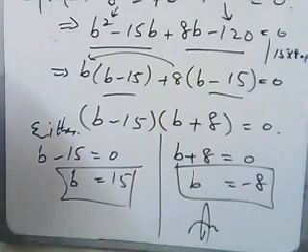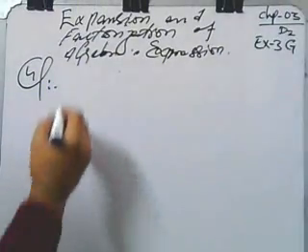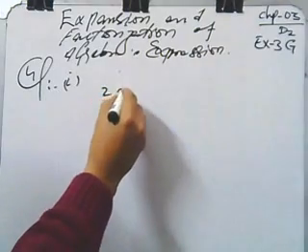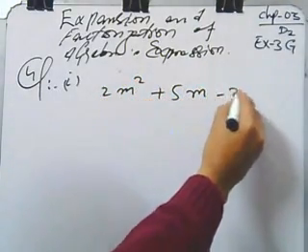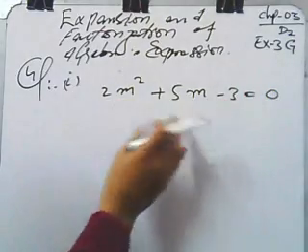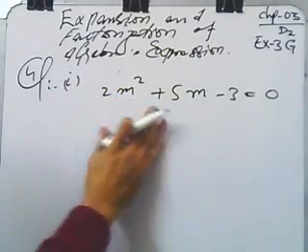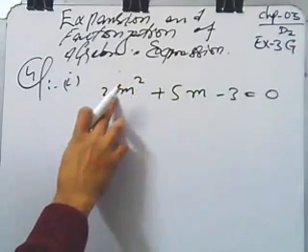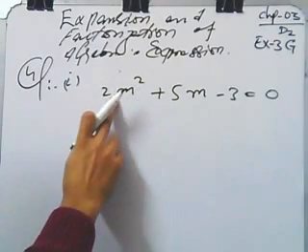Similarly, another part you can see, that is your I part: 2m square plus 5m minus 3 is equal to 0. So again, in our mind, first of all, we have tried our best in the previous lecture and cleared this point that we have to make the coefficient of m square 1.